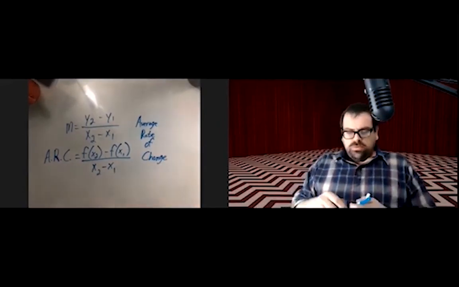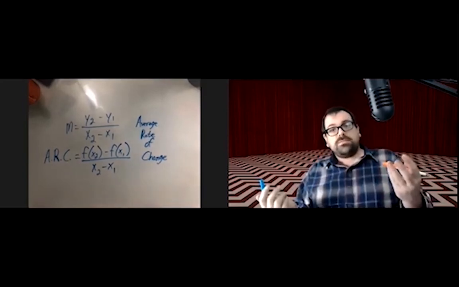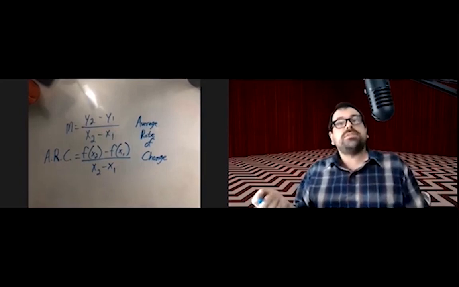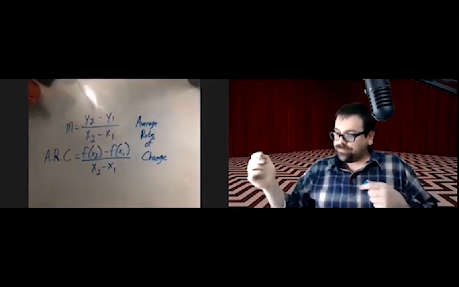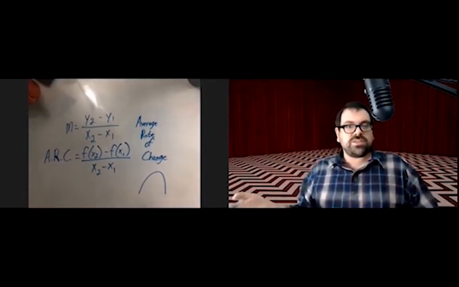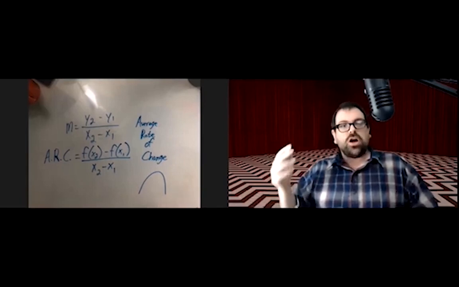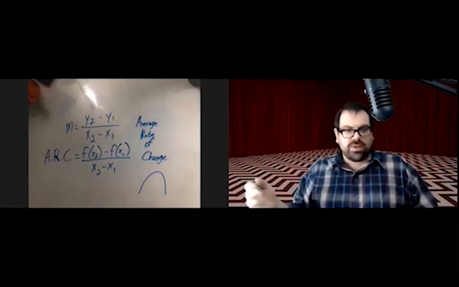But not all graphs are lines. We've seen the different shapes, parabolas, for instance. A parabola doesn't have a slope. There's not a constant up and over, up and over, up and over the whole way through.